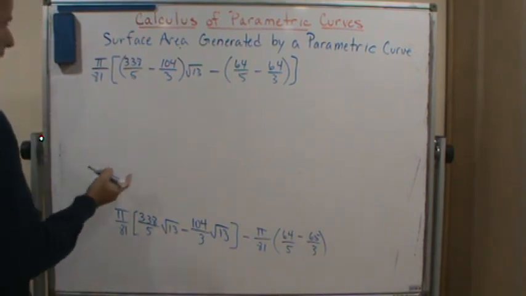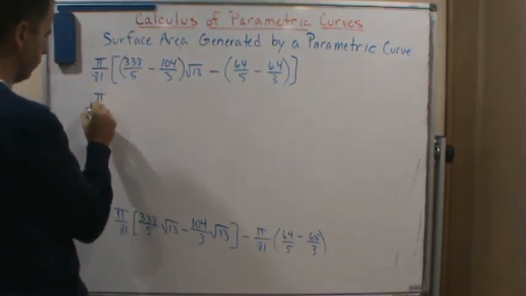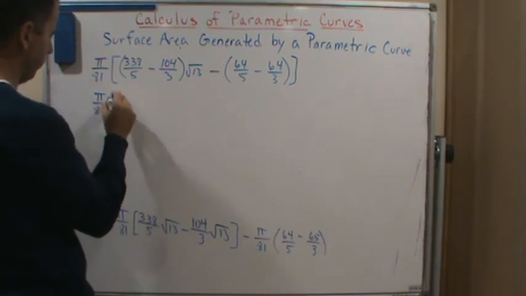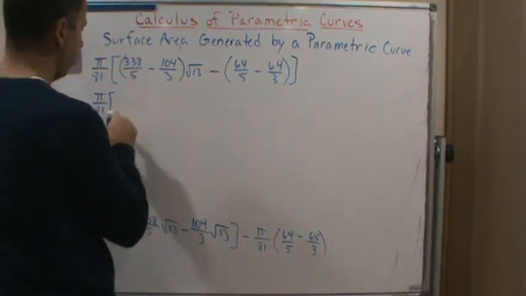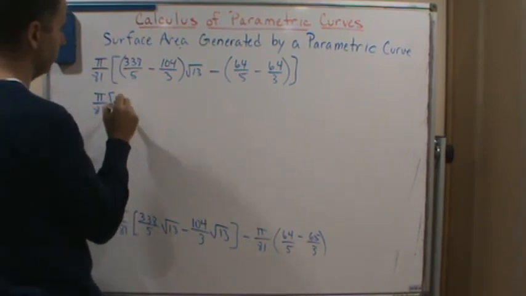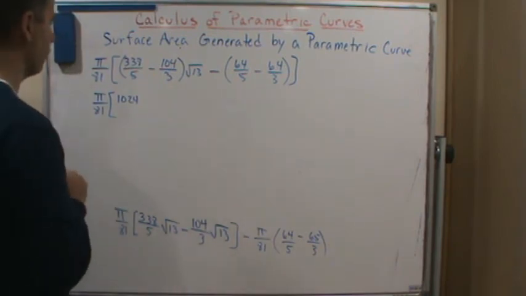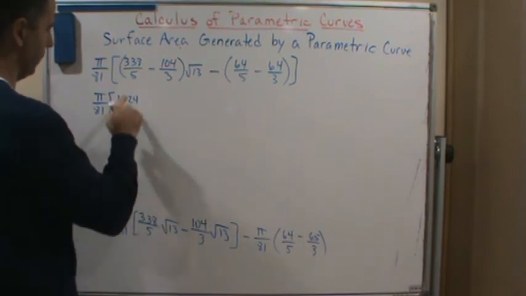Okay, so now what is this going to be? This is going to be pi over 81, and this is going to end up being, oh, hold on.